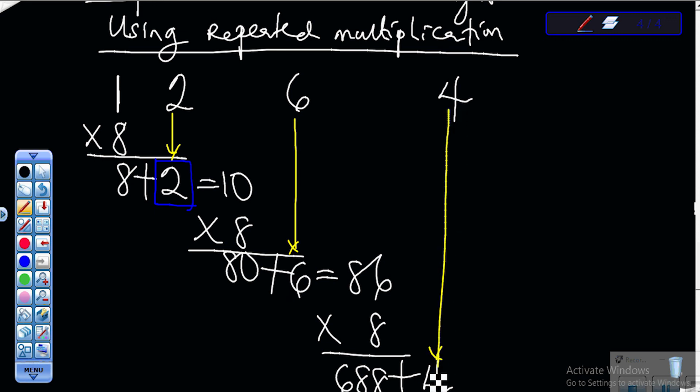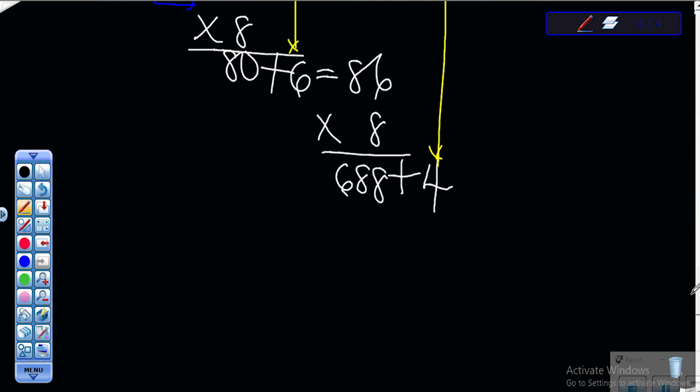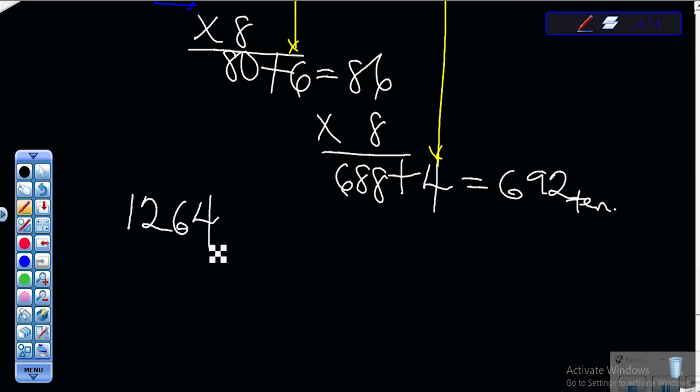So 1, 2, 6, 4, base 8 is finally going to be 692 in base 10. So 1, 2, 6, 4, base 8 is the same thing as 692 in base 10. That is the idea of using repeated multiplication.